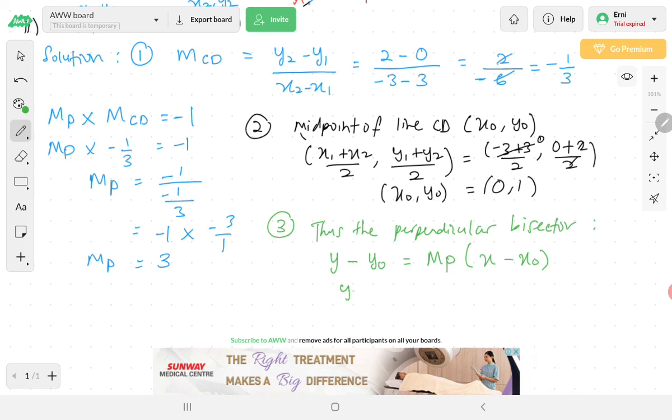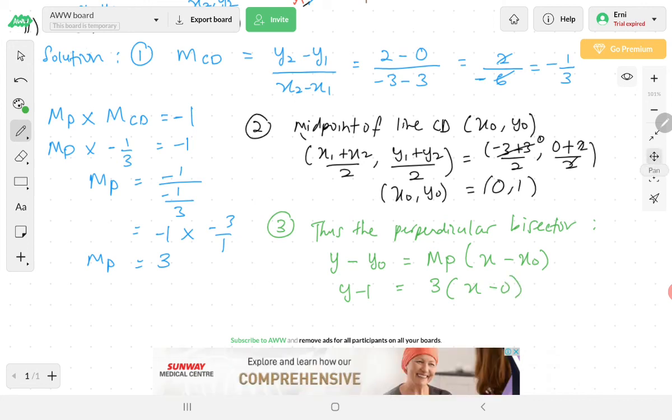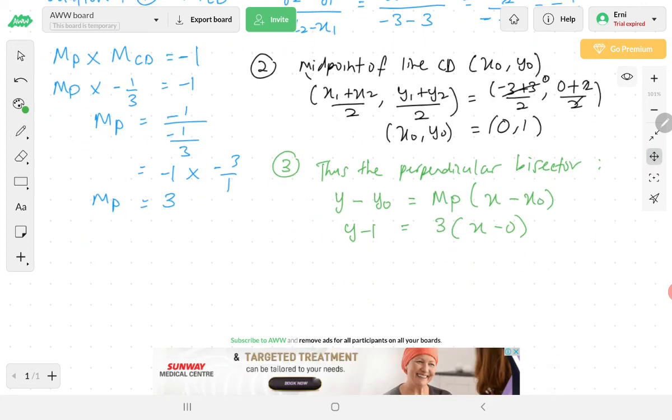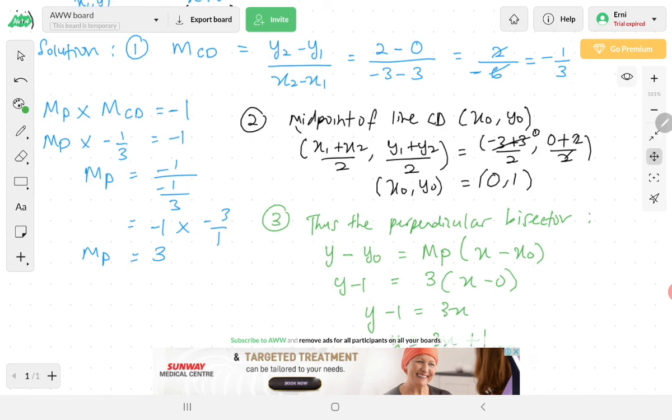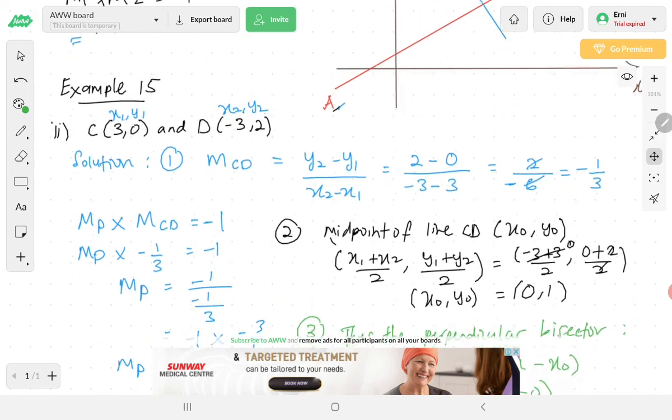So y minus 1 is equal to 3 times x minus 0, and so y minus 1 equals 3x, y equals 3x plus 1. So this is the equation, the answer for example 15.2.